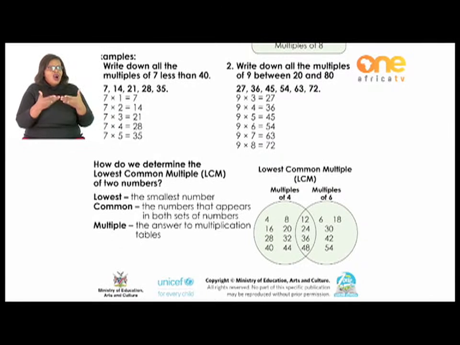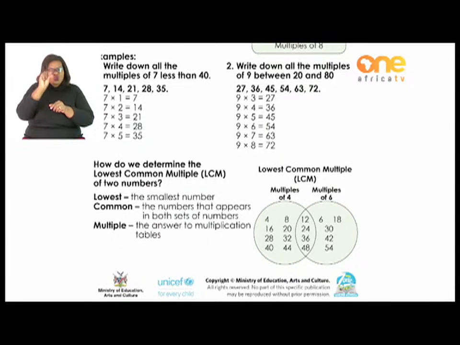How do we determine the lowest common multiple? The abbreviation for lowest common multiple is simply the LCM. Now let's define what the lowest common multiple is. The word lowest means the smallest number.